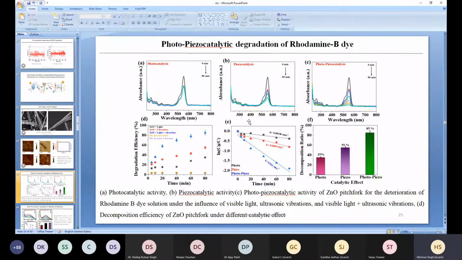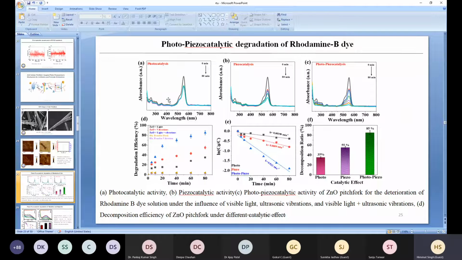These are the investigations of the piezocatalytic property of ZnO nanostructures. You can see in the case of the photocatalytic process, there is not much significant degradation, as this photocatalysis process is performed under sunlight irradiation, and zinc oxide mainly has the band gap within the UV range. So only the UV component present in sunlight is active irradiation for zinc oxide.